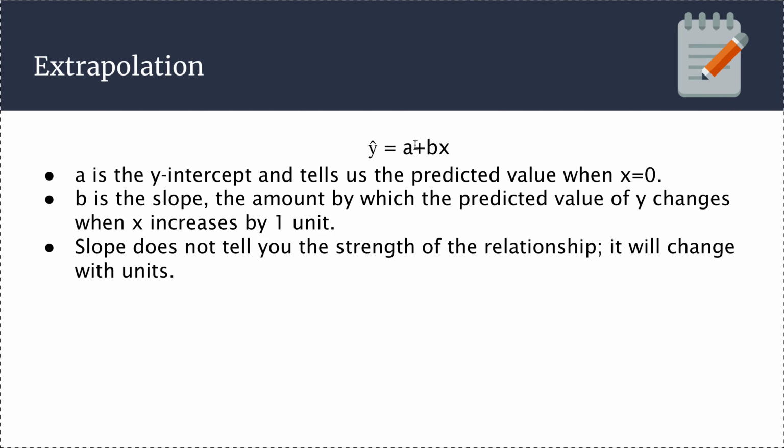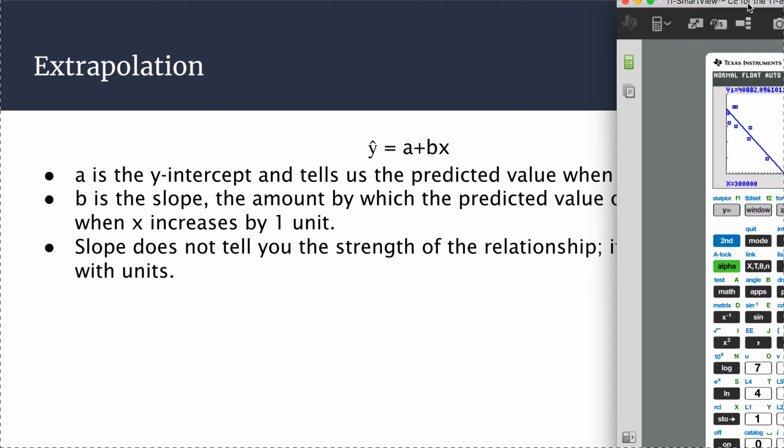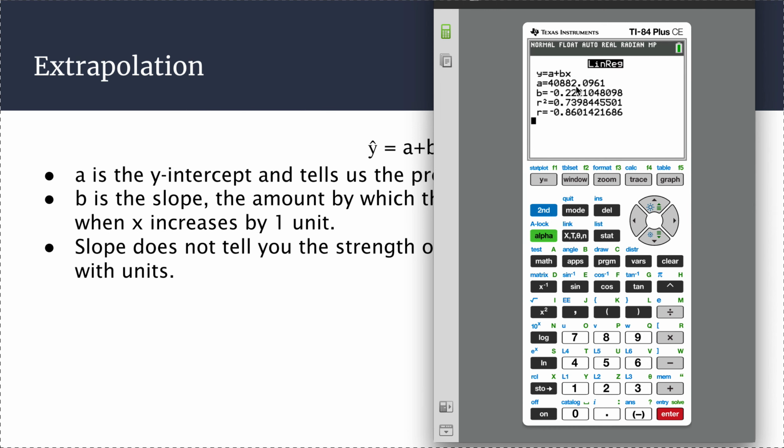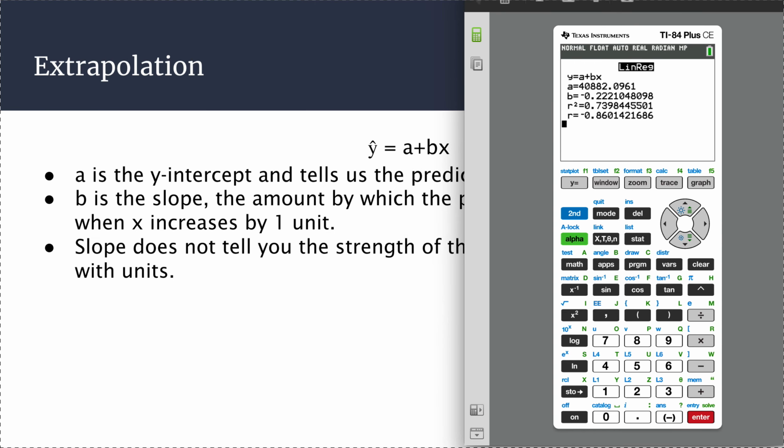b is the slope, the amount by which the predicted value of y changes when x increases by 1 unit. In our example, if I recall what I just did there, our slope was negative 0.2222. What that means is every time my truck is driven 1 mile, the value of the truck decreases by about 22 cents, because this is in dollars.